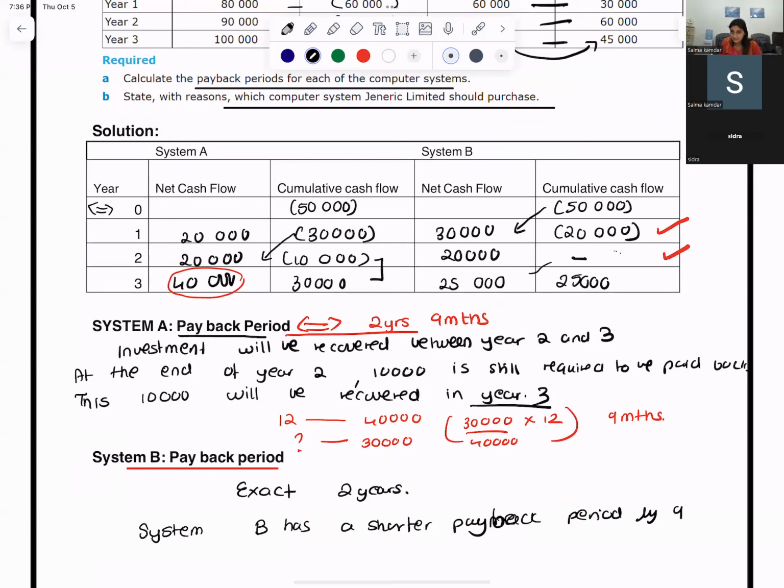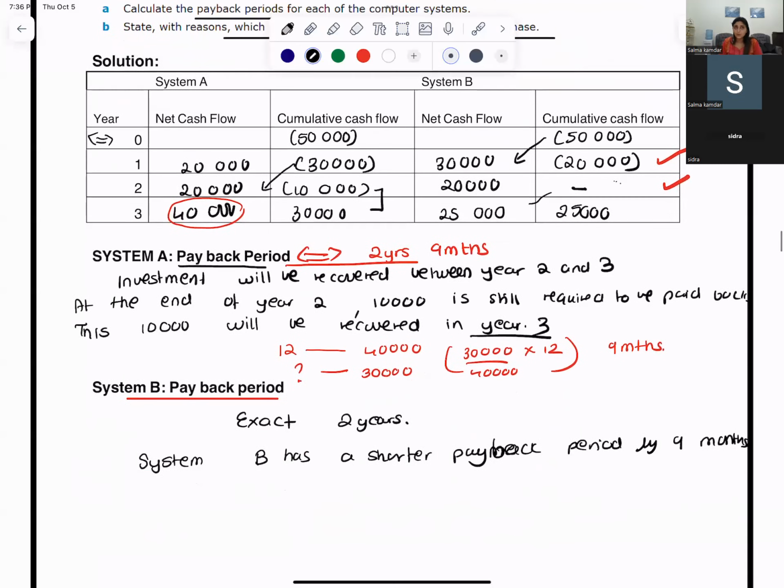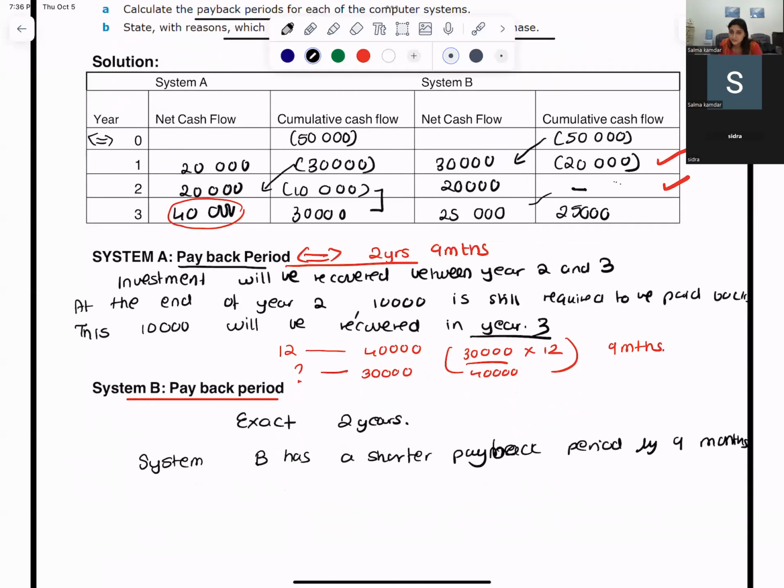If you want a quicker payback period, which system should be chosen? System B. But if you want more cash flow, then which system should be chosen? System A, because system A is giving you 30,000 at the end of year 2, and system B is going to give you 25,000.